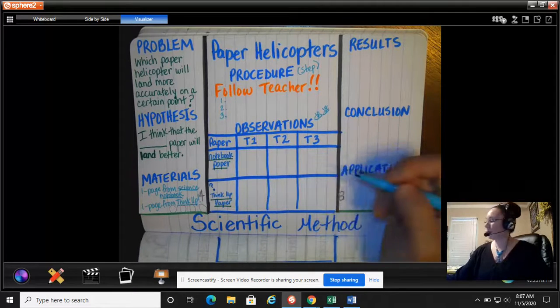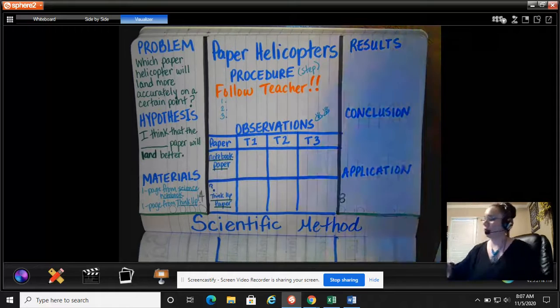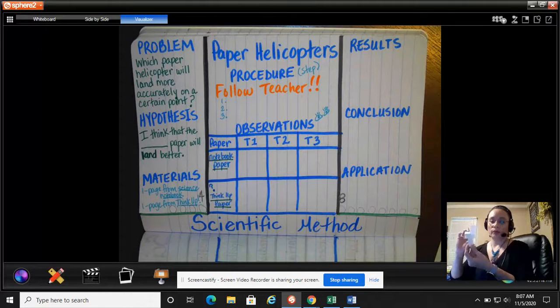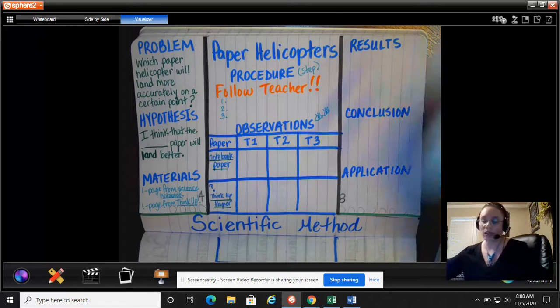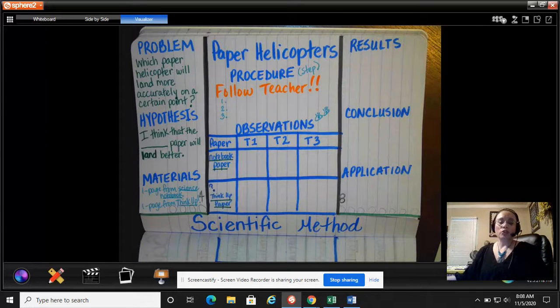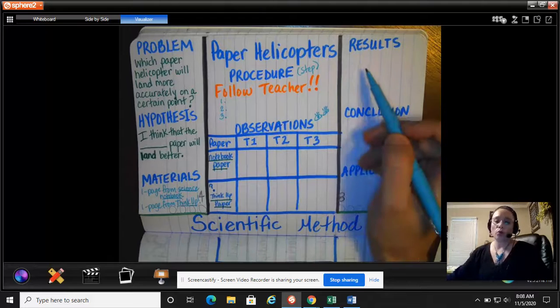I do the same thing with my Think Up helicopter. I did the same kind of helicopter, the same kind of fold, but I used a different paper, which is the Think Up book paper. I don't want to change the helicopter because that's a different variable, and I only want one variable, which is the different kinds of paper that I'm using. That's it.